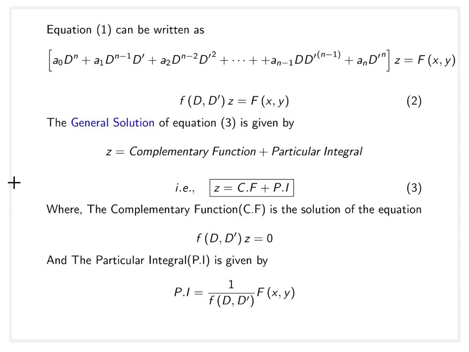So equation 1 can be written in the form of 2. In this whole unit we take capital D as ∂/∂x, and D² is ∂²/∂x² and so on. Similarly, D' means ∂/∂y.